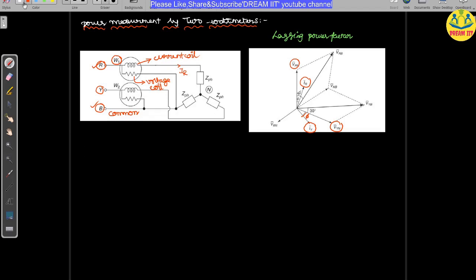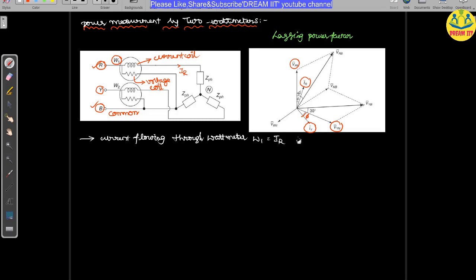We will write first the current flowing through wattmeter W1. What is the current flowing through wattmeter W1? I can write it as IR.